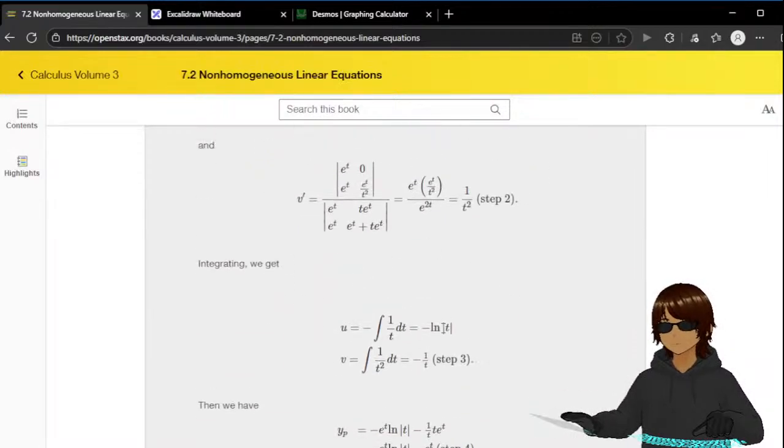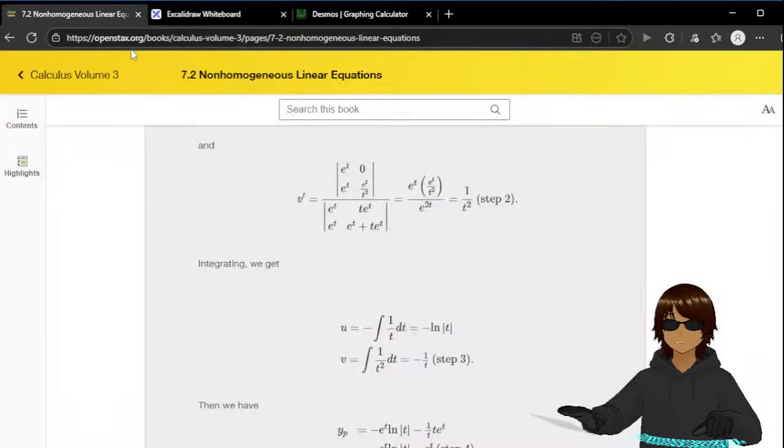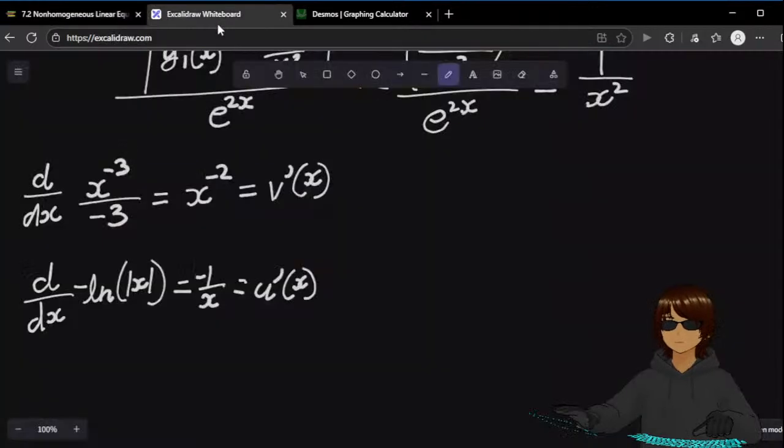Now, a derivative of ln of t gives 1 over t, which I understand. Now, derivative of minus 1 over t. I see what I did. I made a mistake. Minus 1 goes here.